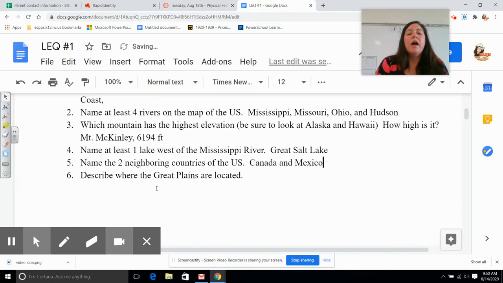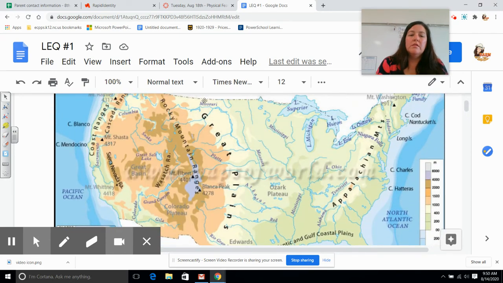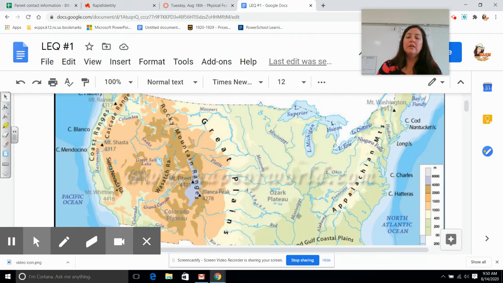Then describe where the Great Plains are located. If you look right here, this area right here is the Great Plains, and it's asking you to describe where it's at. You can't just say it's in the United States. You have to describe where it's at. For me, I would say it is west of the Mississippi River and east of the Rocky Mountain Range.